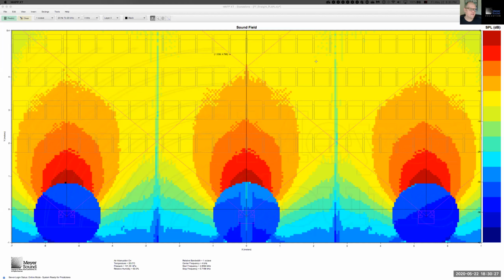While I was explaining this, there's a question in the chat from Marsban who says, why choose simulation at 4 kHz and not 2 kHz? Because this exercise is only interesting to do in that part of the spectrum where the loudspeakers are directional. If you want to see whether you're aiming the speaker in the right direction, sending the sound to where it needs to be, then you would look preferably in that part of the spectrum where the loudspeaker is well behaved in terms of directivity.